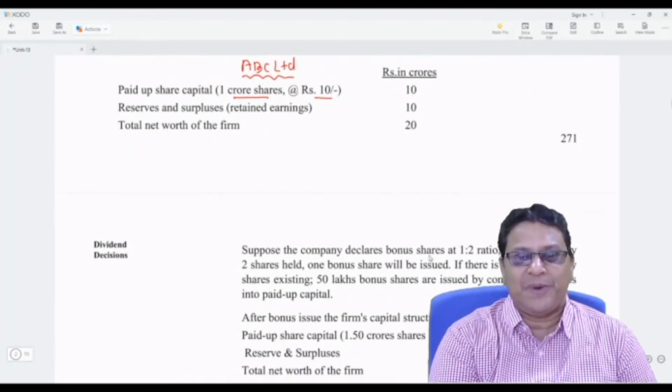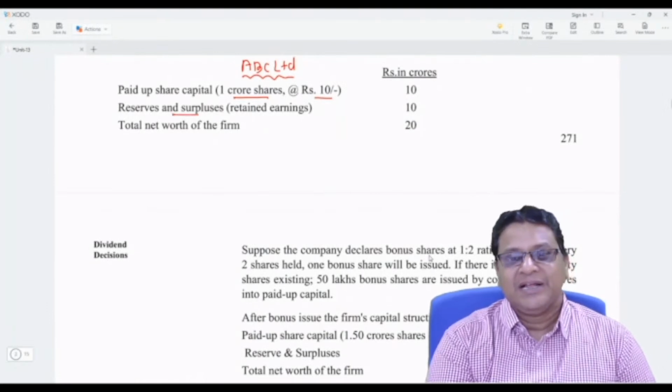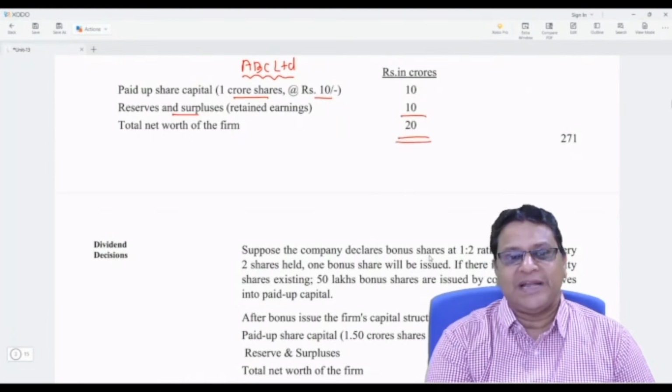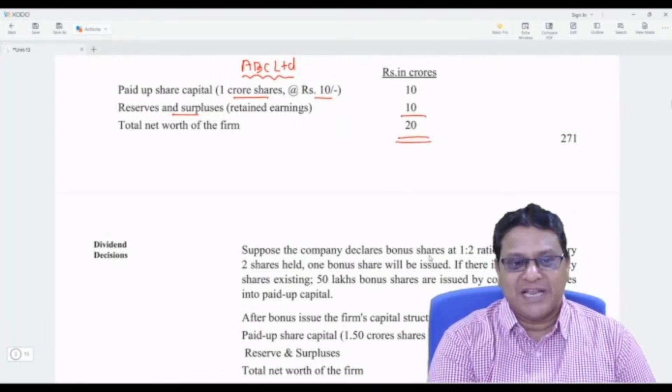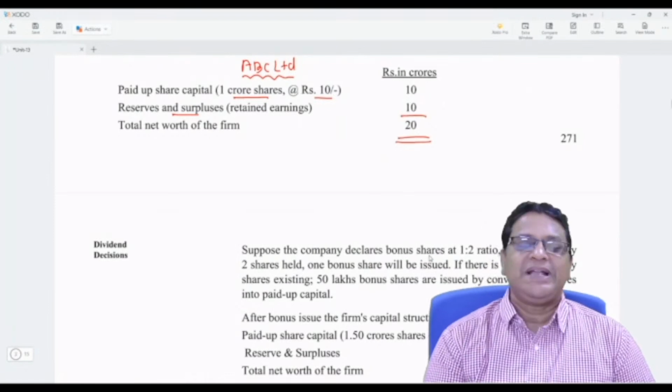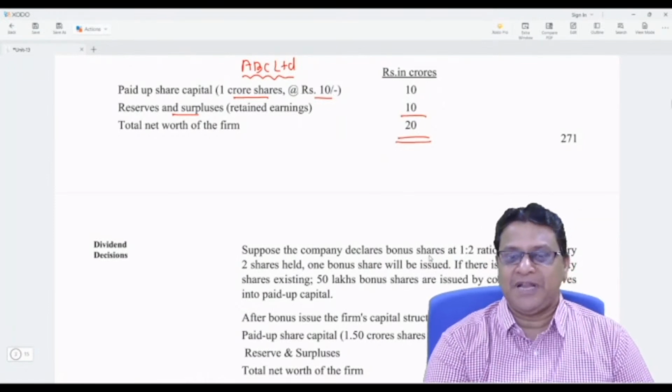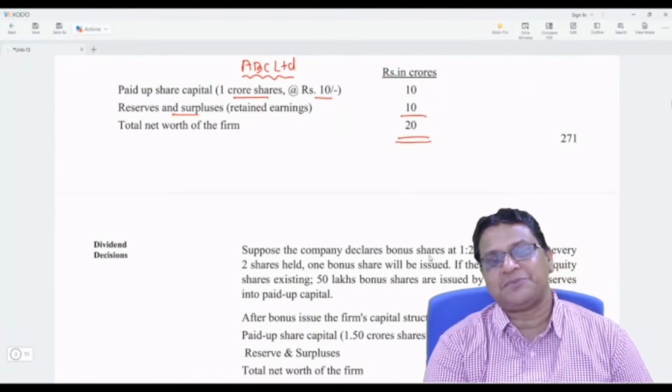Then its reserve and surplus is 10 crores. So what is the total net worth of the company? Total net worth is the share capital plus reserve and surplus, 20 crores. It has a share capital of 10 crores and reserve and surplus of 10 crores.